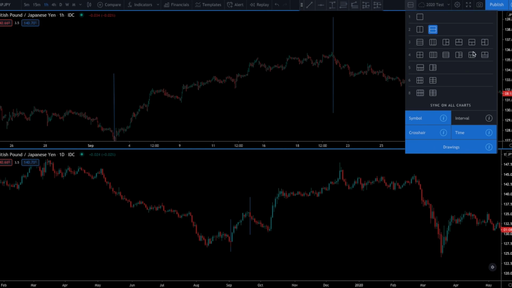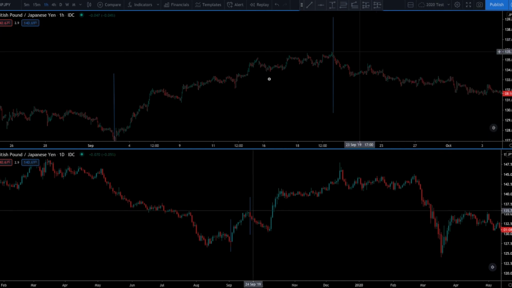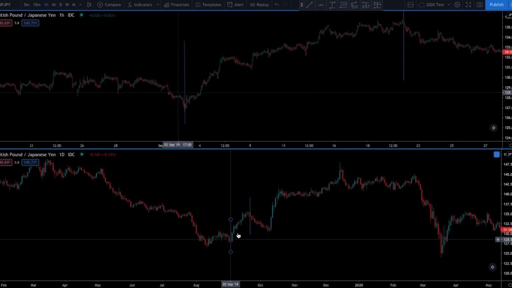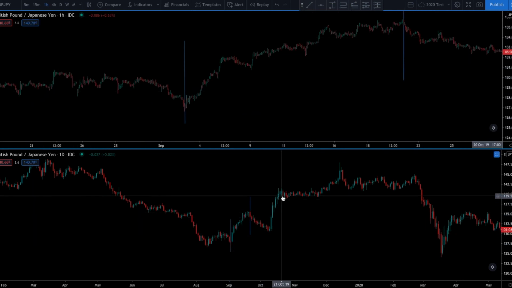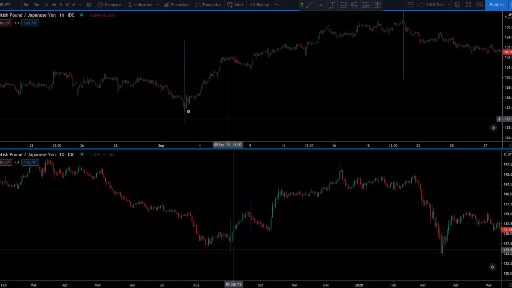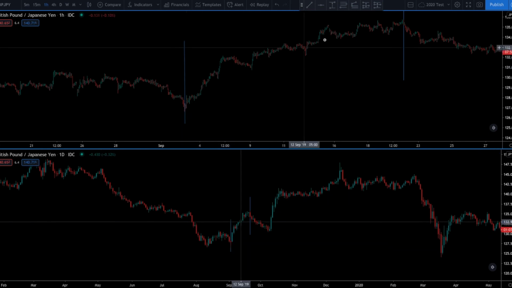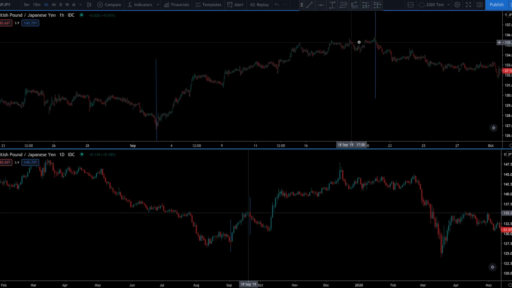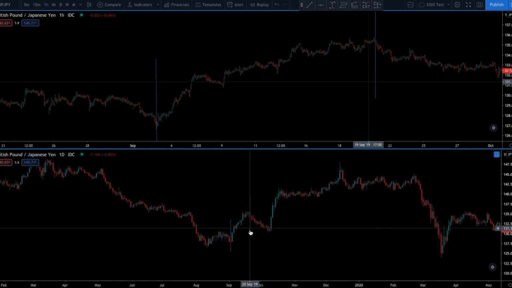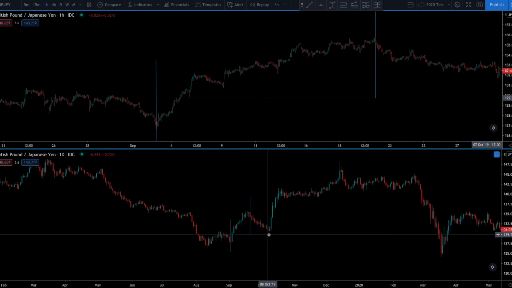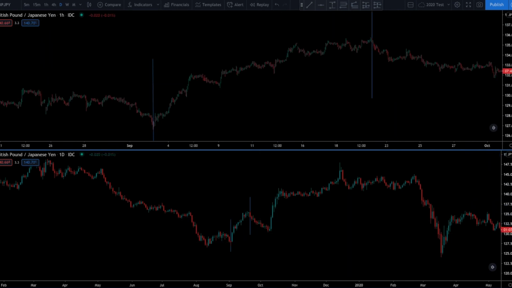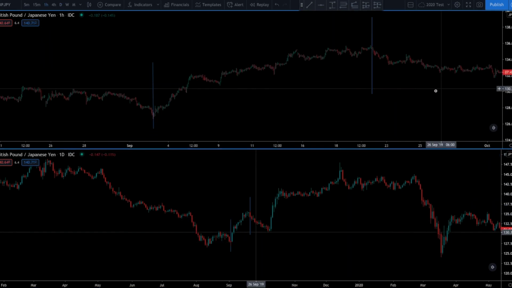You can do multiple layouts, but just go through and look for these nice clean runs and pullbacks on daily charts, and watch the trends on the lower time frames and see if you can tell when they're starting to decelerate and there's going to be a change to a pullback and then to a run. And it just takes time, and I hope that makes sense.